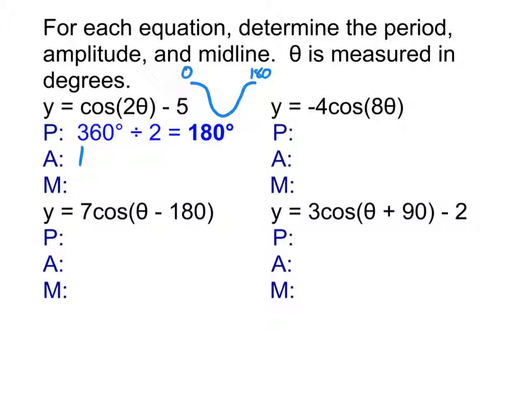All right, and the midline. The midline always comes from our vertical shift. So in other words, how far has it been moved up or down? So in this case, how far has this one been moved up or down? Yeah, it's the -5 here. So it's been moved down 5. But I don't want to just write -5 for my midline, because it's a line.